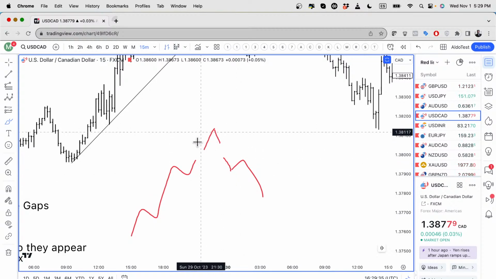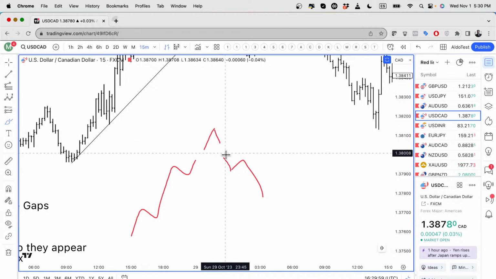So to this type of formation, we call it an island reversal. These are island reversals. They are very, very good things to trade, simply because you're basically having two confirmations of a change in trend, an exhaustion gap and a breakaway gap. So those two gaps together form the island.